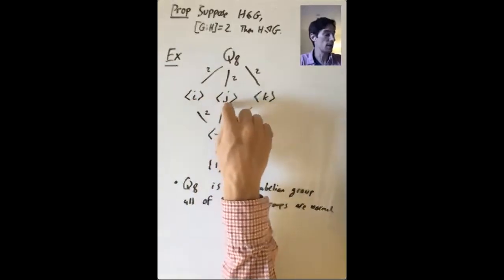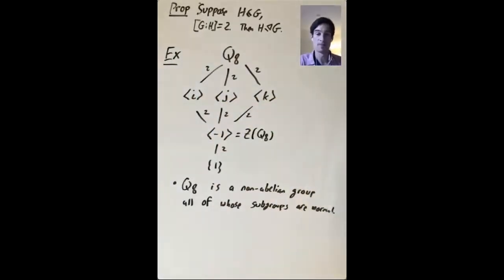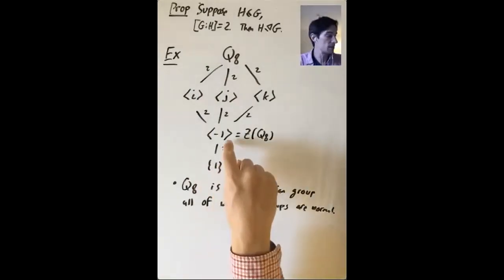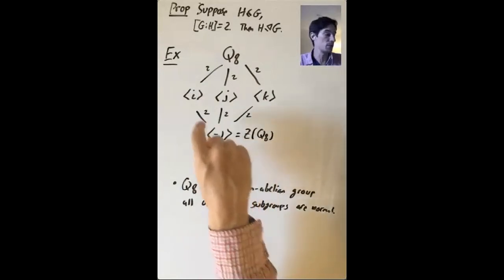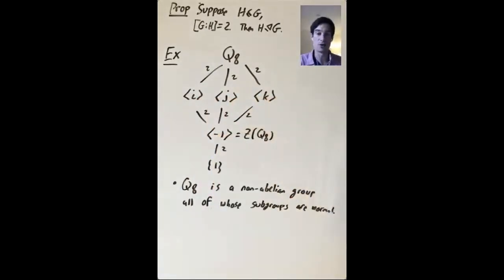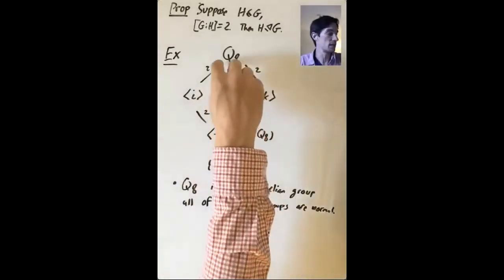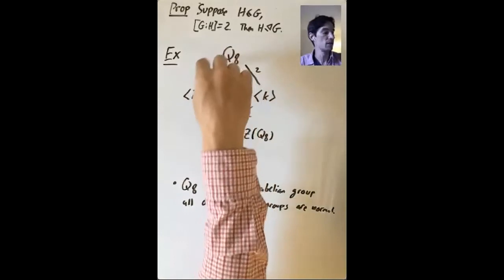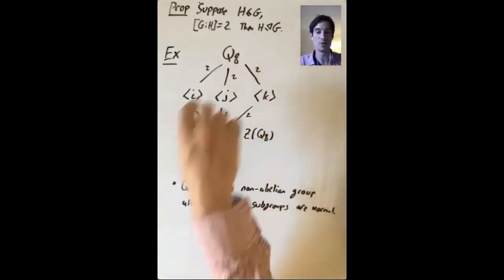These are 3 subgroups of order 4. Remember, for each of these elements, the square is -1, and then -1 squared is 1. And we have the cyclic subgroup generated by -1, which is contained in each of these 3 and has order 2.